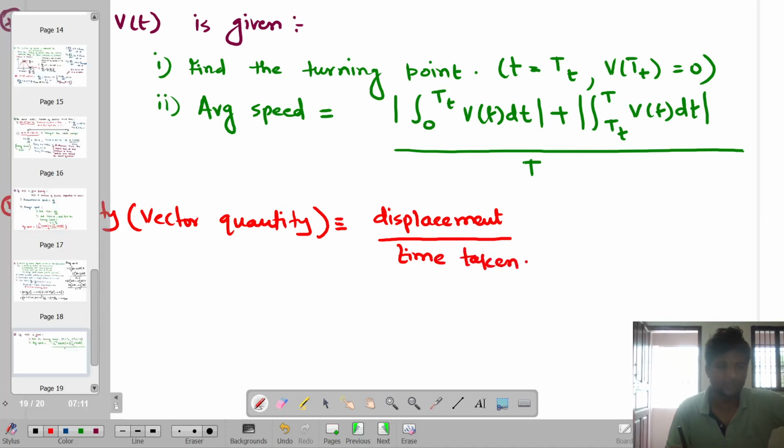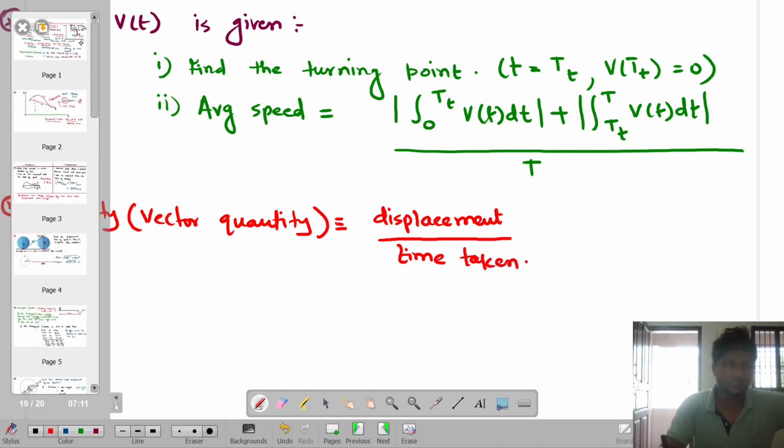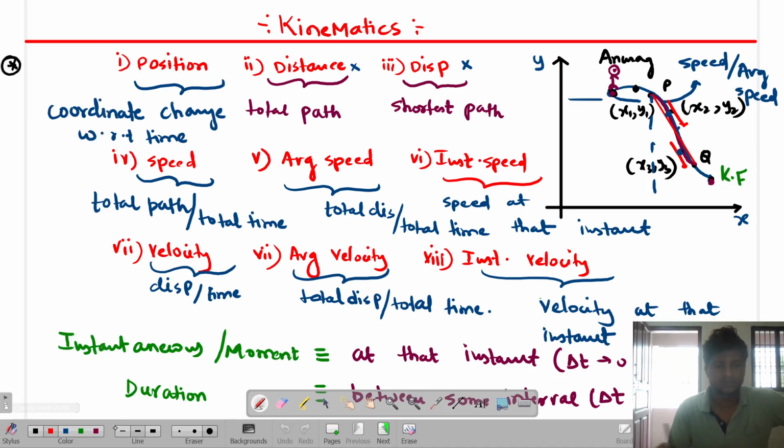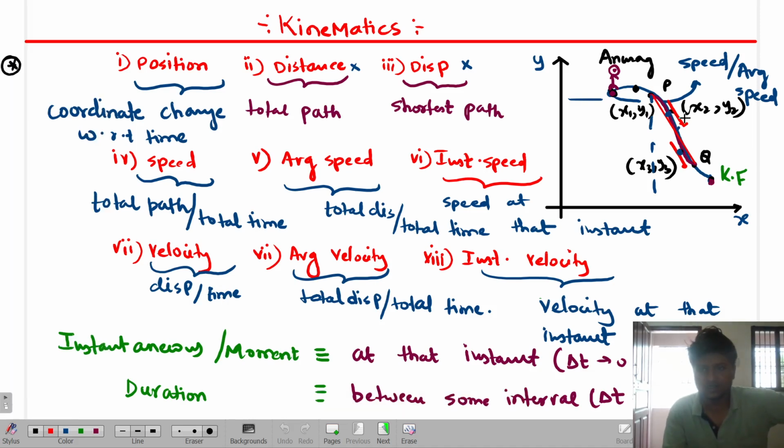So if you remember your previous class, guys, see that for this blue line, average speed is defined. But for this red line, which is the shortest path between any two points P and Q, what is defined? Our displacement is defined. And for this only, the velocity is defined. Are you able to get me or not?